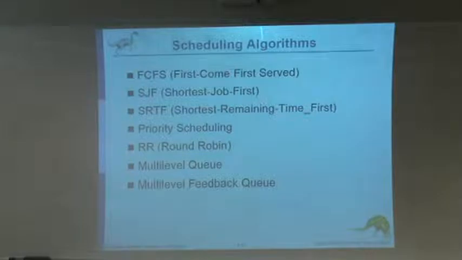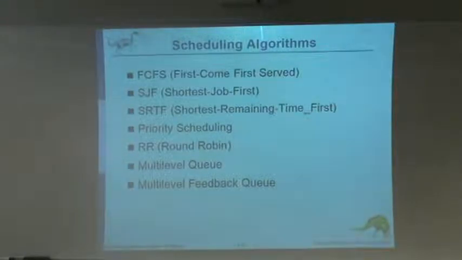Shortest job first, for example: the total amount of CPU burst time is the priority. The smaller, the higher the priority. Why don't we consider the remaining job? That is assuming the remaining time first. And today we will see the priority scheduling itself, which we saw last class. We explicitly assign a priority number.